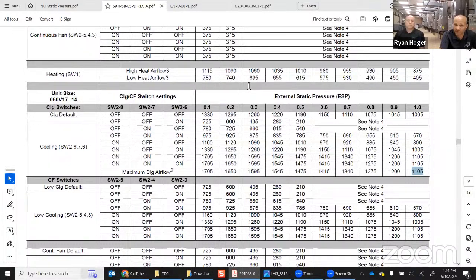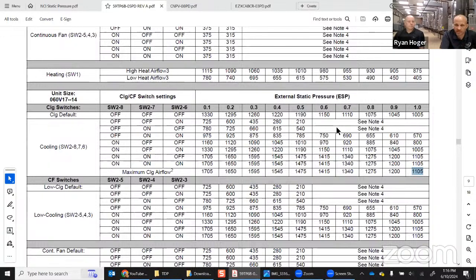So the worse off and more restrictive your duct system is for a given fan speed, the worse off your static situation is going to be. And if you just keep ramping up the speed, you're going to keep increasing the static. These tables are just like a snapshot in time. So if you ramp it up, you're going to have more and more problems. And noise and sound doesn't mean good airflow.